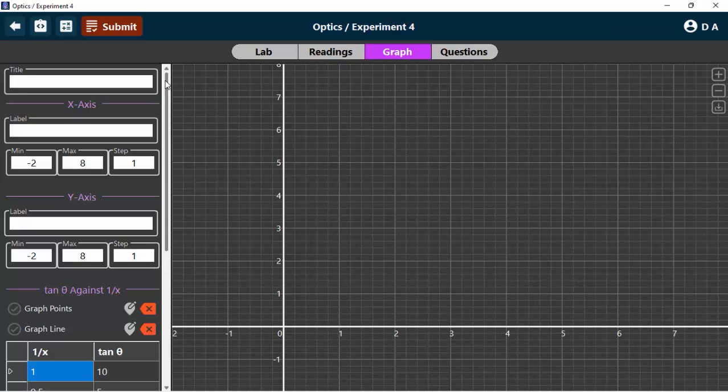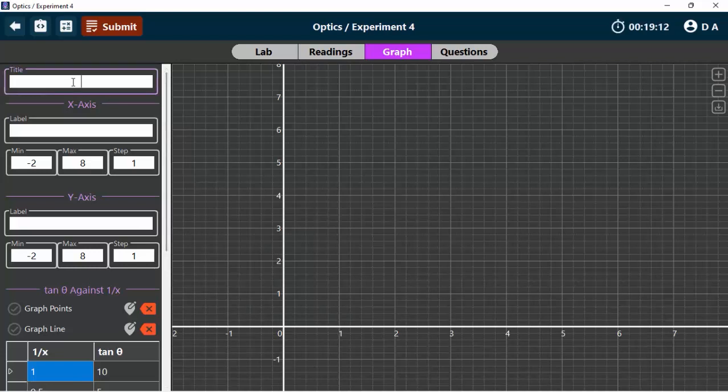We've made a video on how to make a good graph, and you can check our video on YouTube and other social media platforms. But here I'm going to quickly go through it without explaining it in detail so that we can quickly see what the outcome of our experiment is.